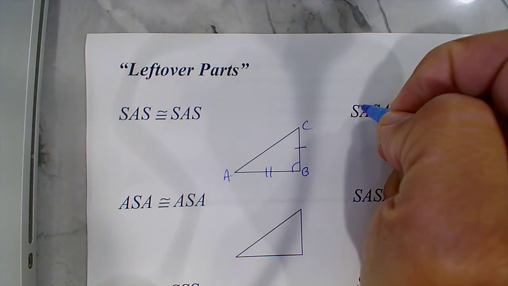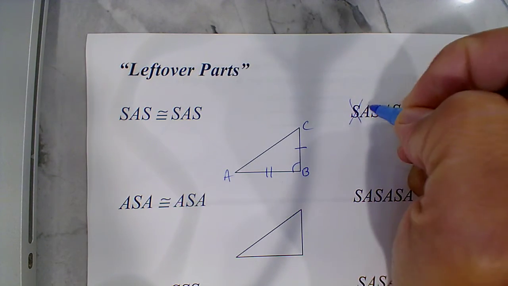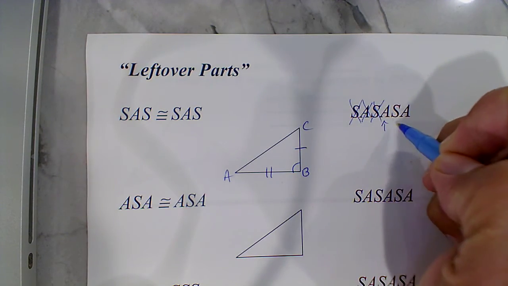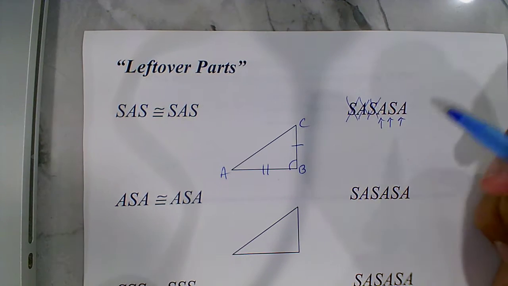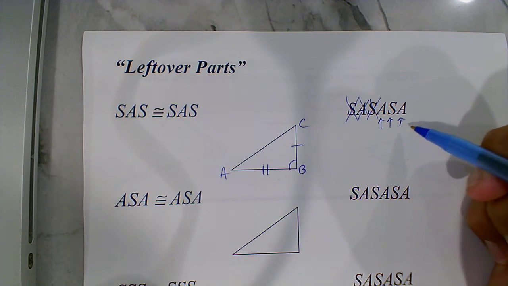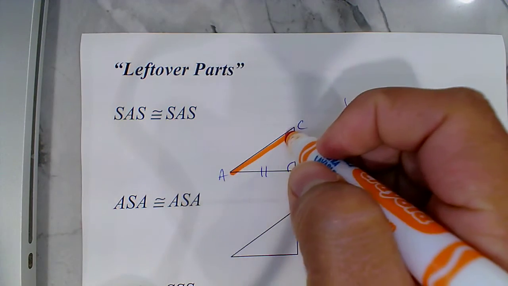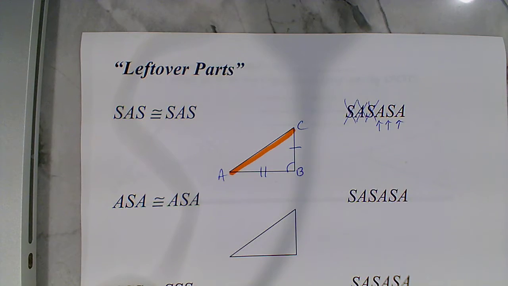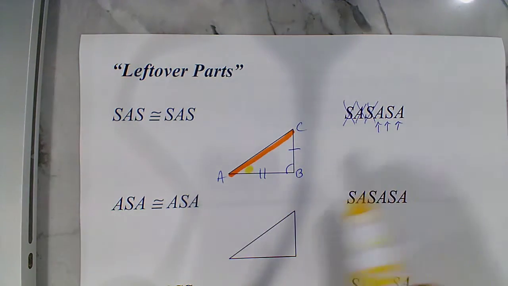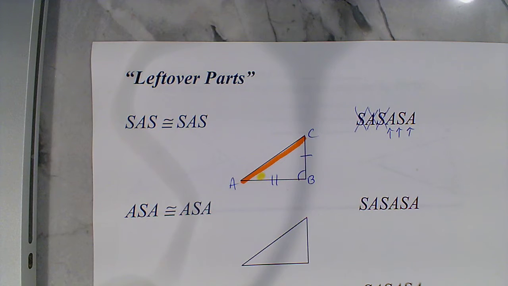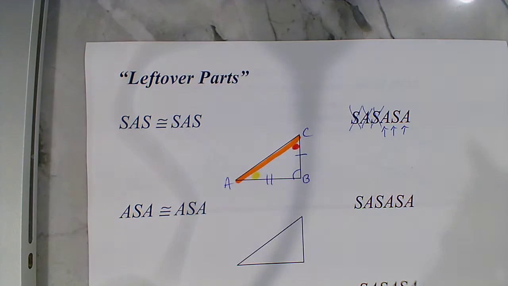You just used a side, an angle, and a side, so what's left is an angle, a side, and an angle. Really, a pair of angles, a pair of sides, and a pair of angles. So you'd be able to state that AC is now congruent to its corresponding side. And you can say that this angle right here, angle CAB, or just angle A, is congruent to its corresponding angle. And you can also say that angle C, for the same concept.